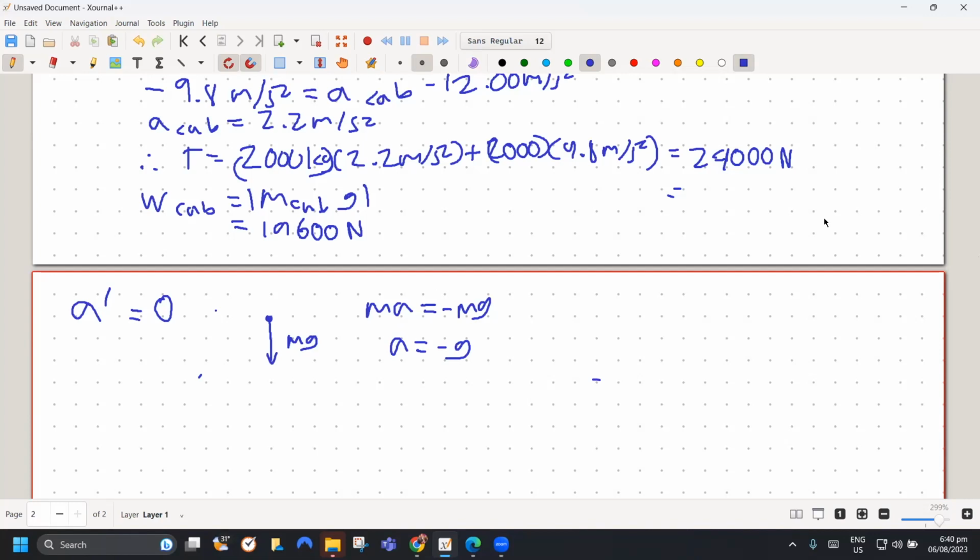Okay, so alam na natin yung A. Alam natin yung A prime. Ano ngayon yung acceleration ng cab? So using the same equations na ginawa natin kanina, kasi lahat yun nag-a-apply sa situation na to.